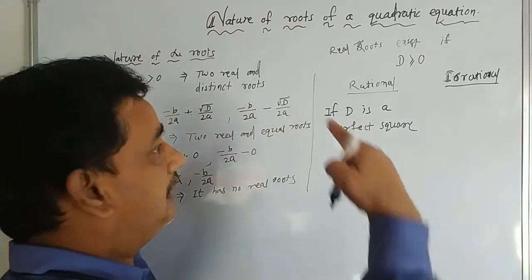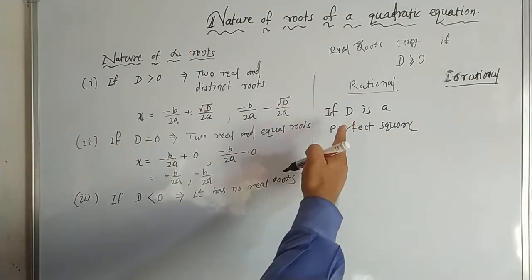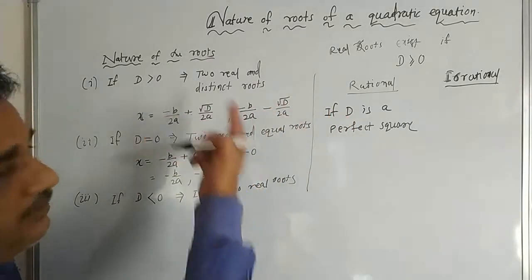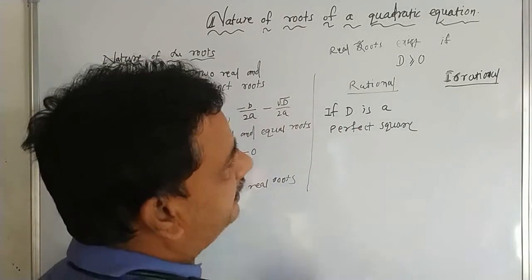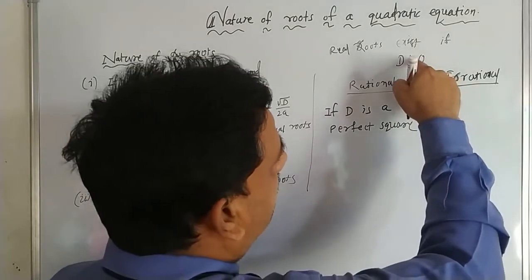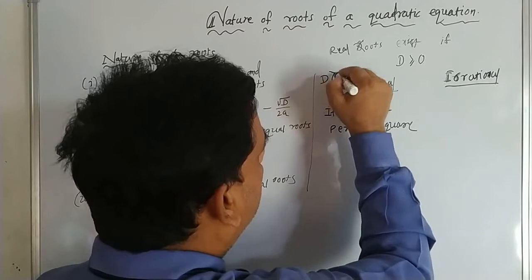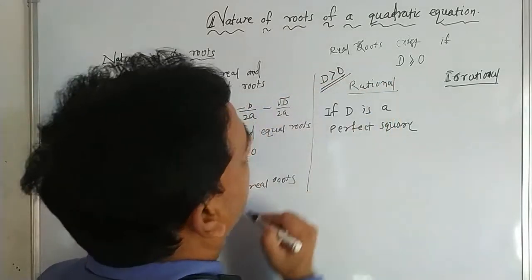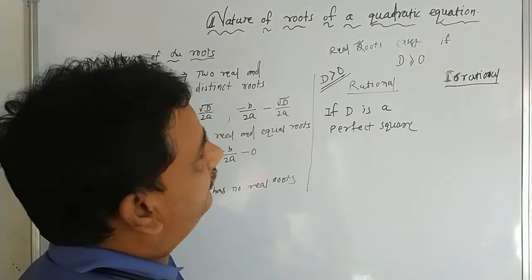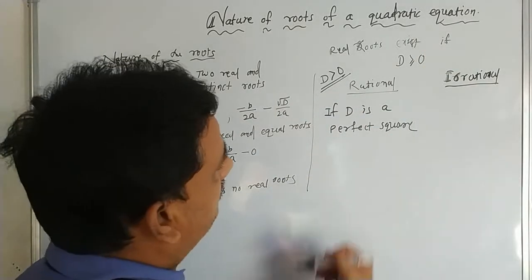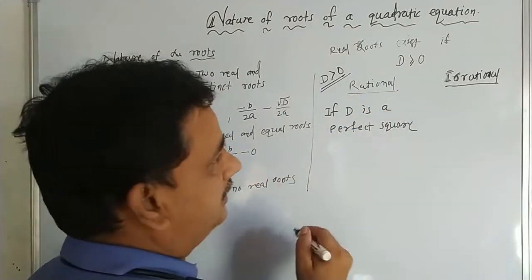It must be greater than 0 and a perfect square, so we again take D greater than 0. For D greater than 0, you can say what type of roots you will get. If D is a perfect square, then the two roots will be rational.